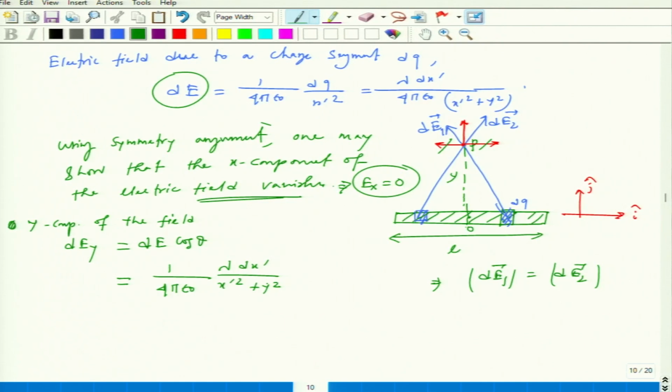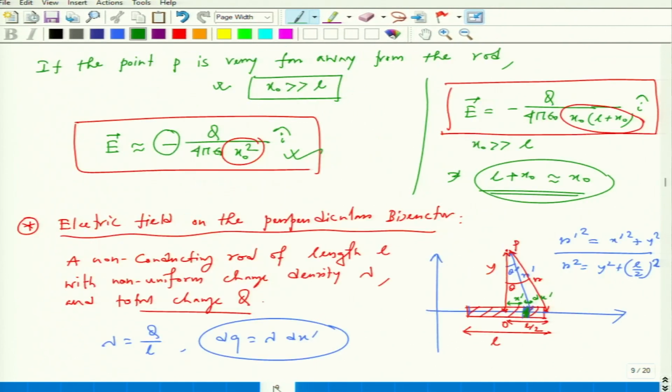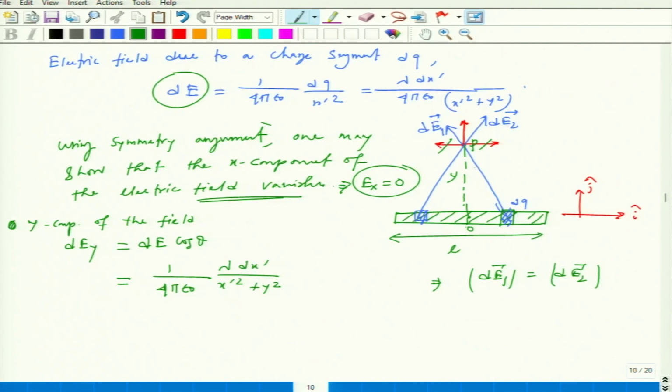Now what is cos theta? Here theta is not the right name, so we call it theta prime. This is angle theta prime, and cos theta prime is y divided by the square root of x'² plus y².